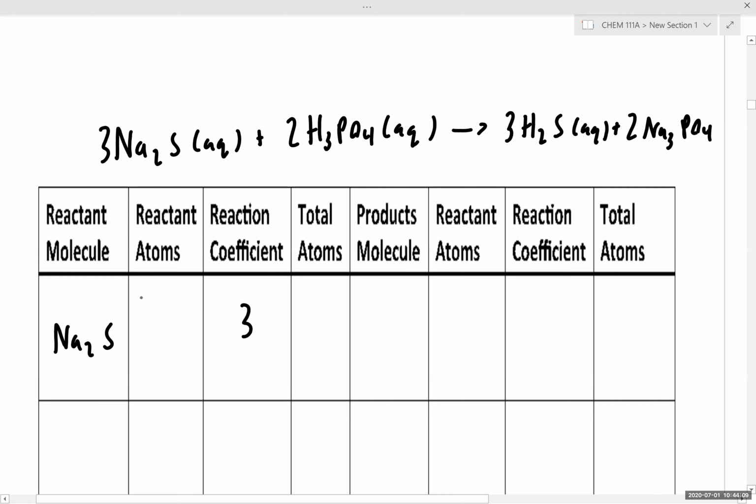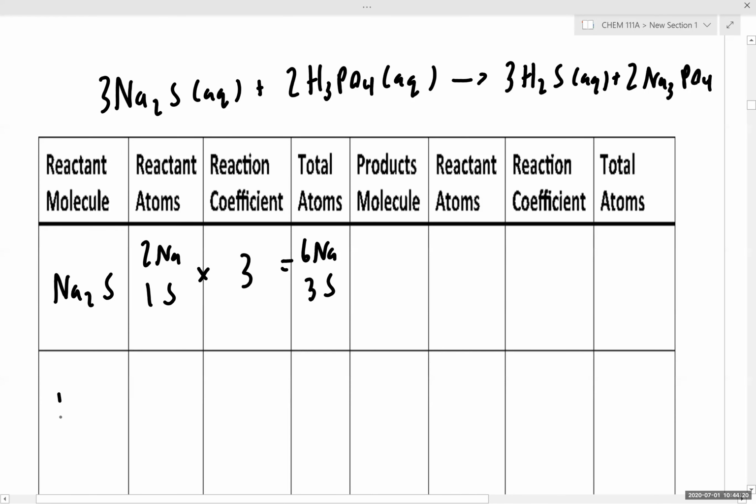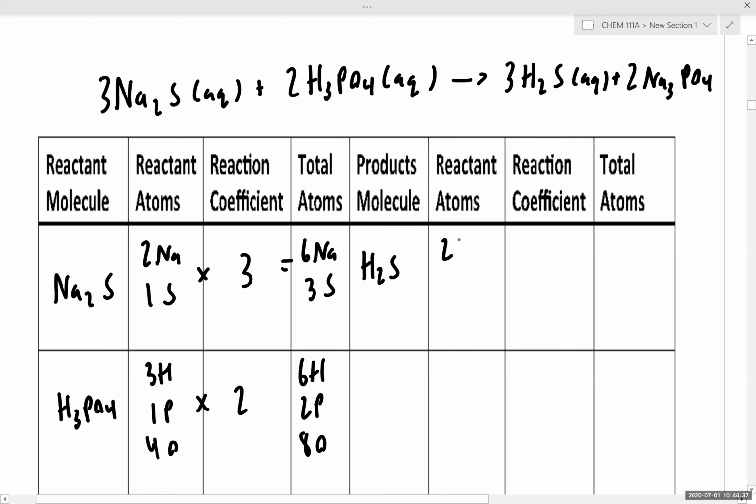Sodium sulfide, we have 2 sodiums and 1 sulfur, has a reaction coefficient of 3. So we have 6 sodiums and 3 sulfur atoms. Phosphoric acid, we have 3 hydrogens, 1 phosphorus, and 4 oxygens. We have a coefficient of 2. So we have 6 hydrogens, 2 phosphoruses, and 8 oxygens. Hydrogen sulfide, we have 2 hydrogens and 1 sulfur.